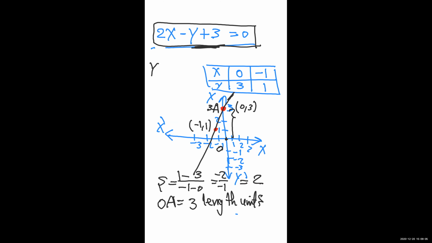We can shift y directly to the other side. It's a negative, so we move it to the other side with a different sign. So y will equal 2x plus 3. Right? Are we clear till now, guys?